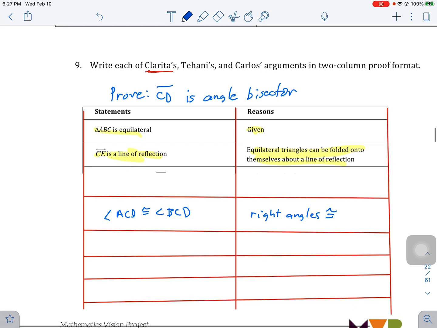And we also used the idea that CD was perpendicular to AB, and that was because of the line of reflection. Okay, and we know they're right angles because of the definition of perpendicular. So now we've got the angles.